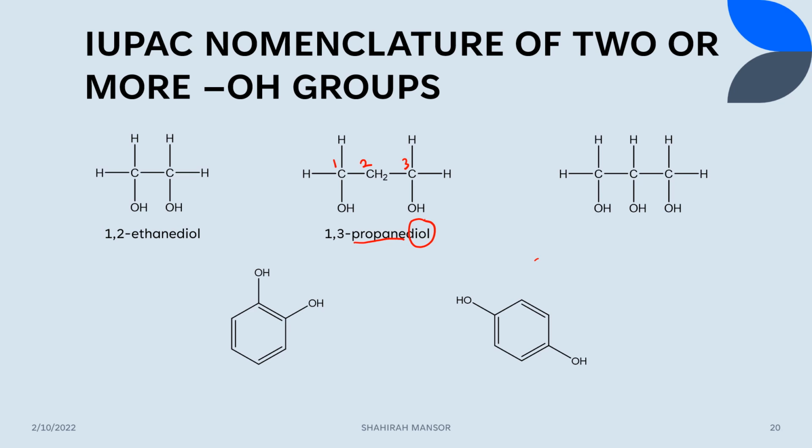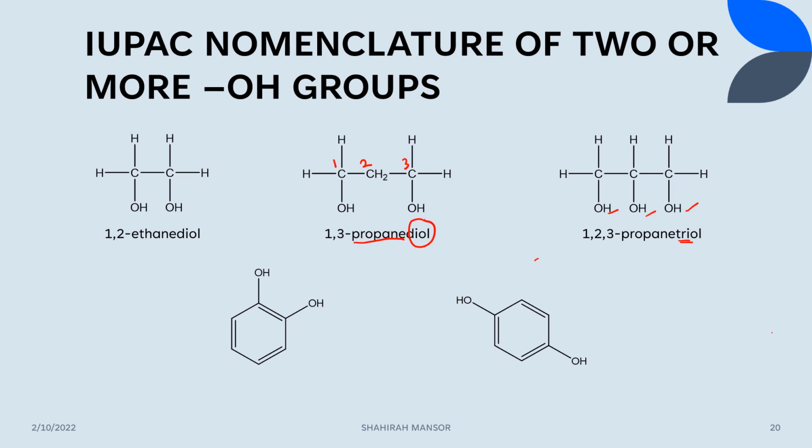Next structure, we have 3 carbon atoms as well and 3 OH, on the parent chain at positions 1, 2 and 3. So the name will be 1,2,3-propane triol. Triol because we have 1, 2, 3 hydroxy groups.